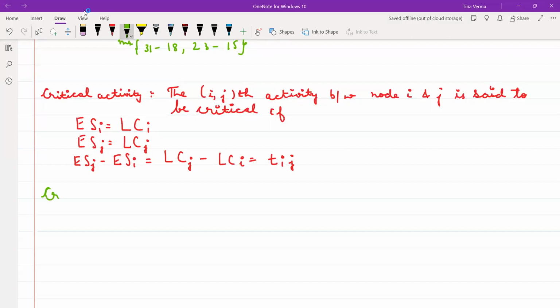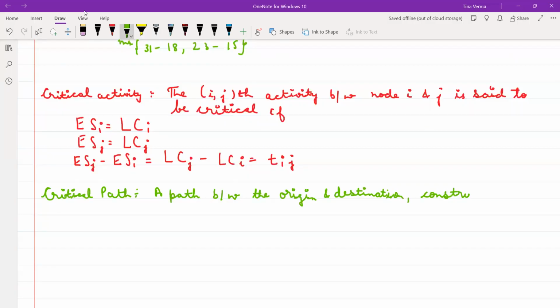The next is critical path. A path between the origin and destination constructed by critical activities is called your critical path.